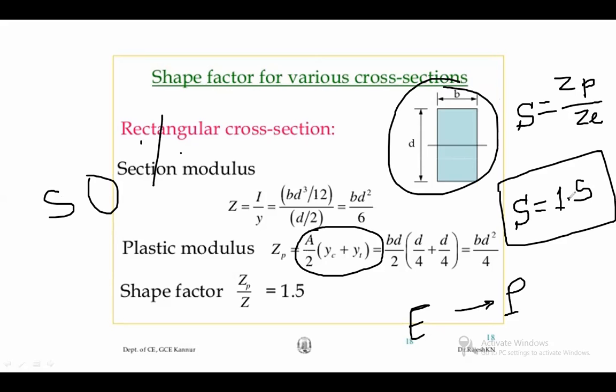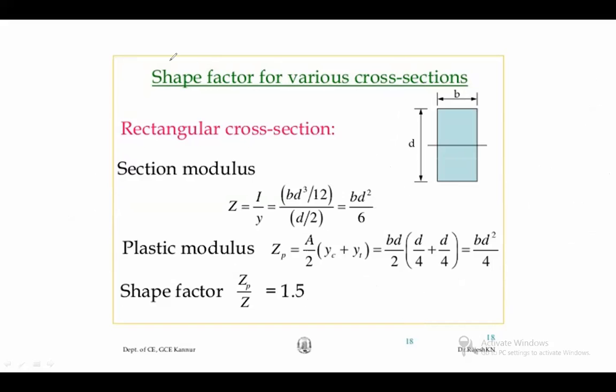That is additional load carrying capacity, the reserve strength. So remember, the shape factor for the rectangular section is 1.5.